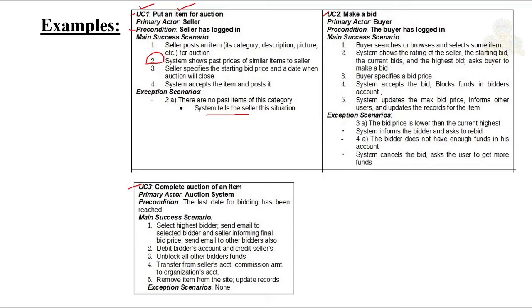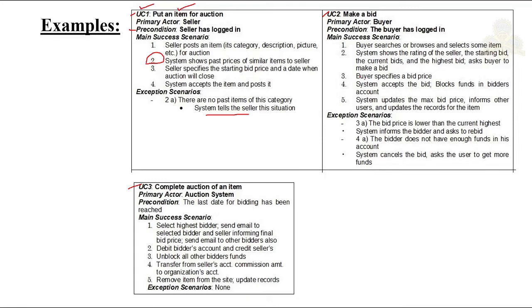It will not deduct, but it will block. Once the system updates the maximum bid price, it informs all other users about the maximum bid price the buyer has bid.